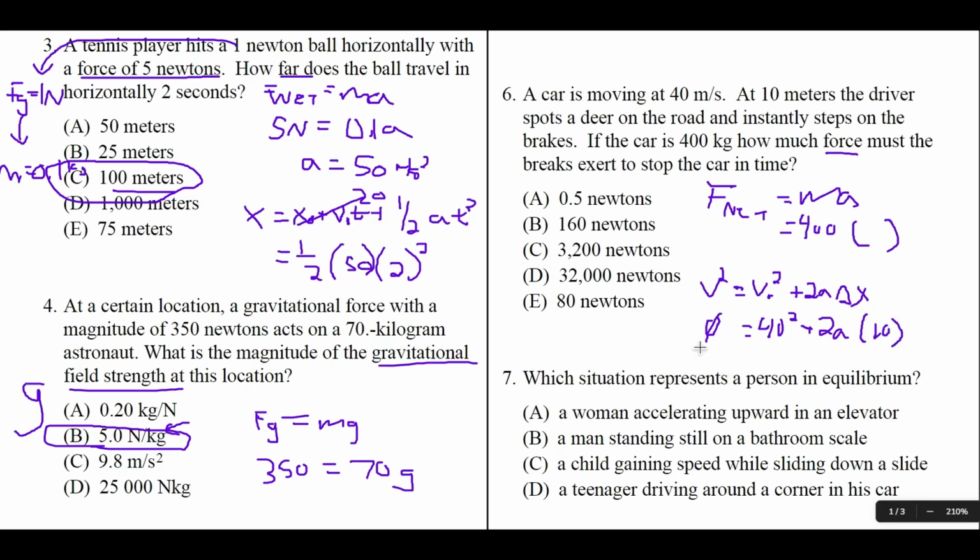So solving this, we end up getting whatever 40 squared divided by 20 is. So I plug this in for the acceleration, and what we end up getting is choice D, 3,200 newtons.